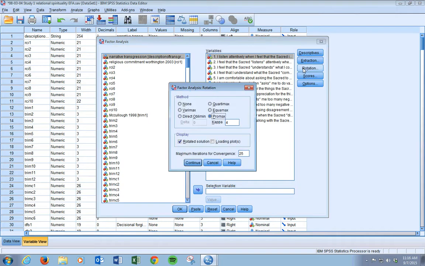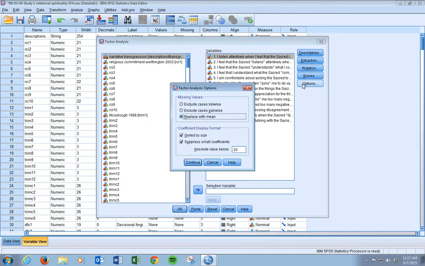So rotation method, Promax or Direct Oblimin are both correlated rotations, and this is a default. And then under options, if we didn't do something more sophisticated, replace with the mean is better than the others. And I like to sort it by size.